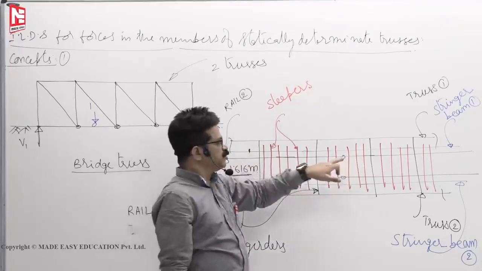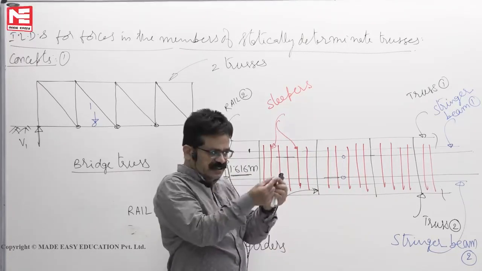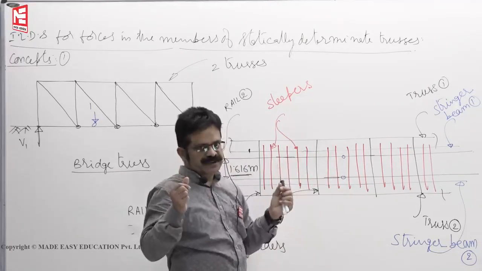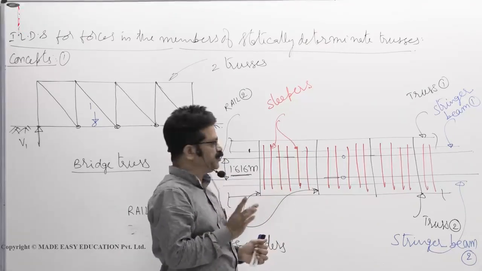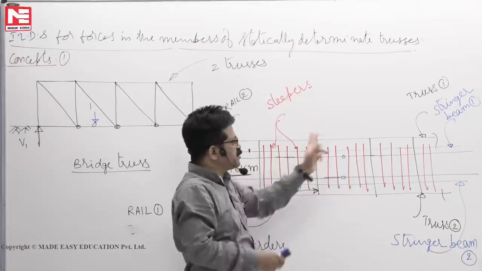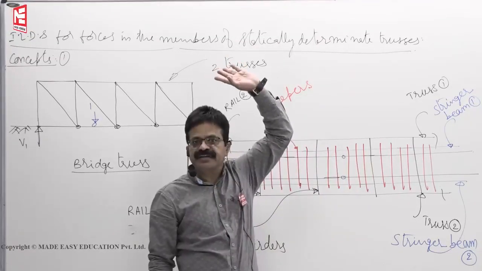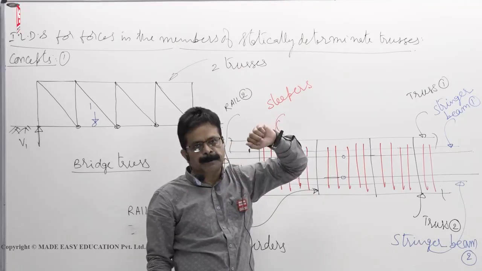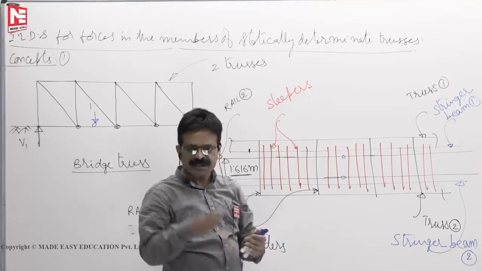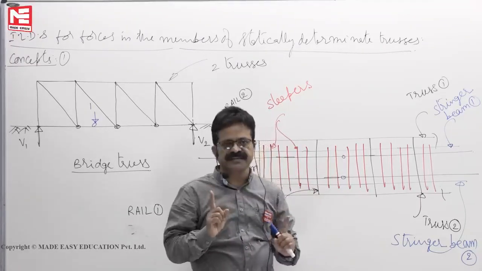We also assume that the rails are simply supported, but actually they are continuous. Say the cross girder spacing is 3 meters, but rails can have a 10-meter span also. But for simplified analysis, you will assume that the rails are simply supported on cross girders.